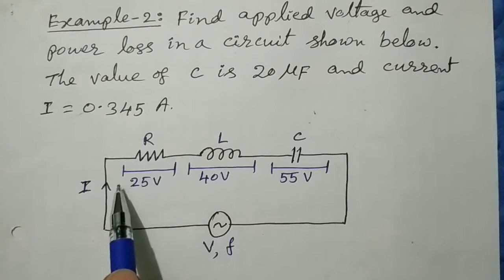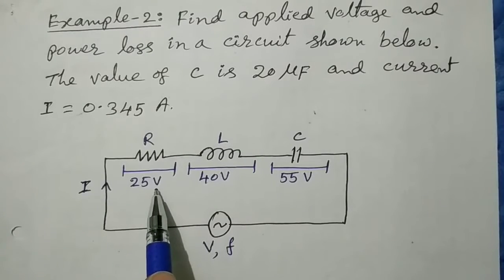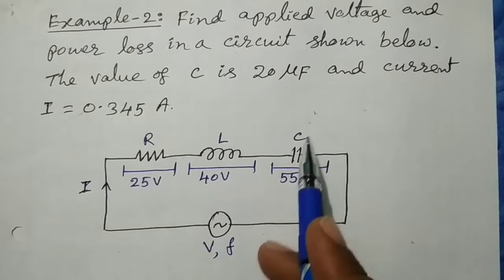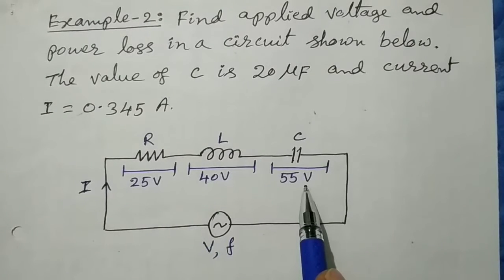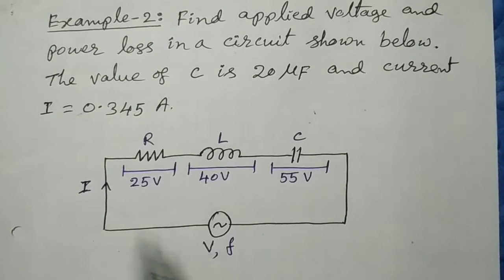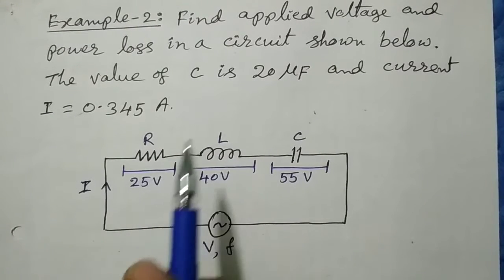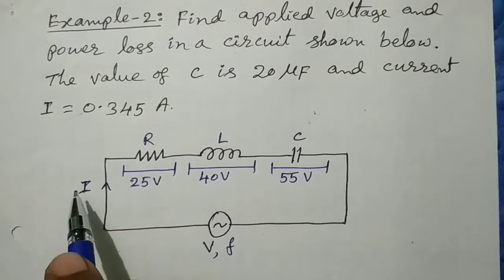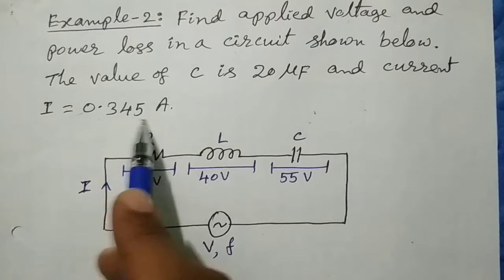That means the voltage drop across the resistance is 25 volt, voltage drop across the inductance is 40 volt, and voltage drop across the capacitance is 55 volt. So you have to find the voltage and you have to find the total power loss in the circuit. The current is also given, that is 0.345 ampere.